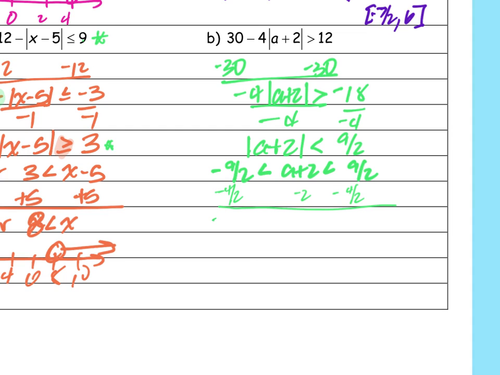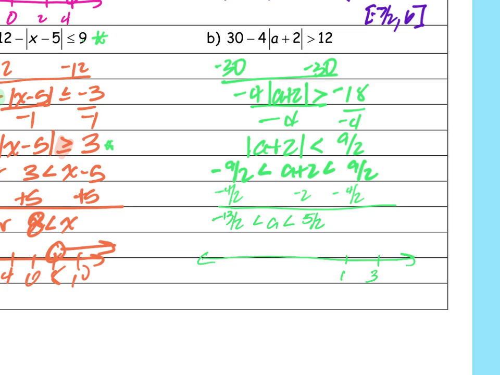Okay, so we've got negative 13 halves is less than A is less than 5 halves. 2.5. So 3. And that's to negative. So I don't want to go, oh, 3.